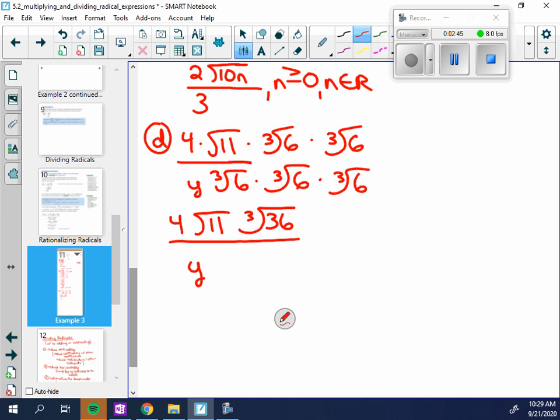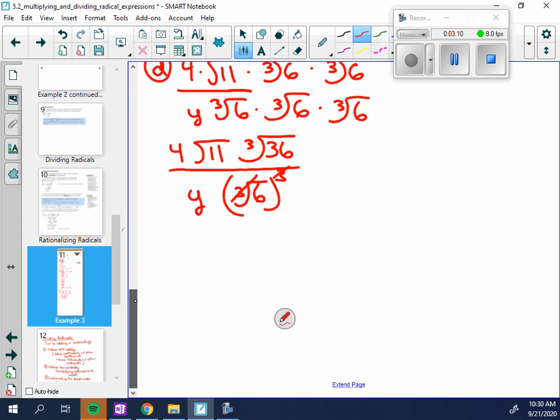What's the cube root of 6 if you're times it by itself 2 more times? Just 6, right? I'm going to write this another way. This is the same thing. You've just cubed it, right? So now what happens is the cube root and the cube cancel. So that's why you're just going to get a 6y on the bottom.